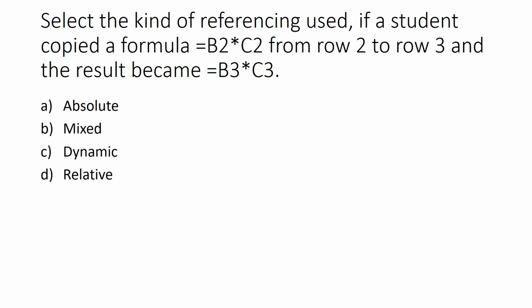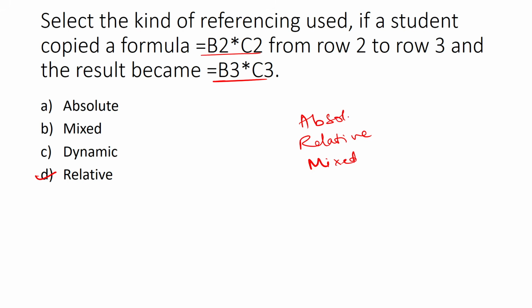The kind of referencing used if a student copied the formula =B2*C2 from row 2 to row 3 and the result becomes =B3*C3. It's very easy, it's relative. There are three types of referencing: relative, mixed, and absolute.